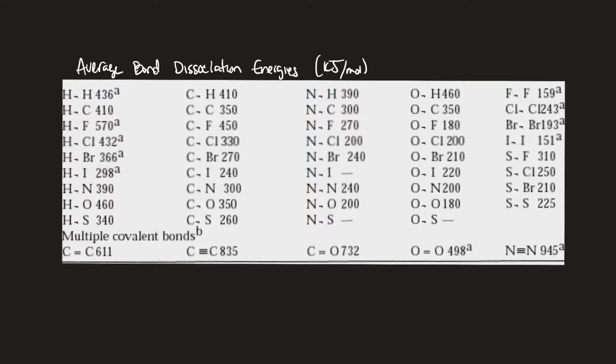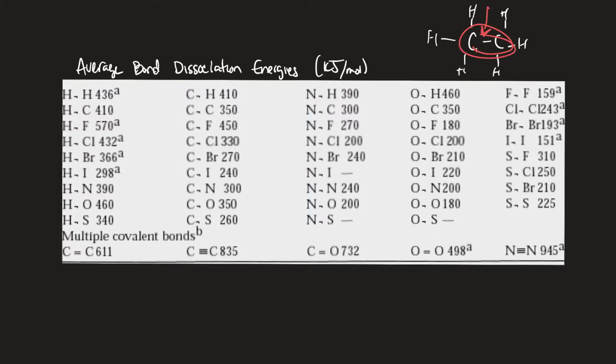Now, a couple of things I want to pull your attention to. Typically, the more bonds you have, the more stable it is. For example, look at this C-C bond, a single bond between two carbon atoms, as in ethane, which is two carbons bonded together with hydrogens.